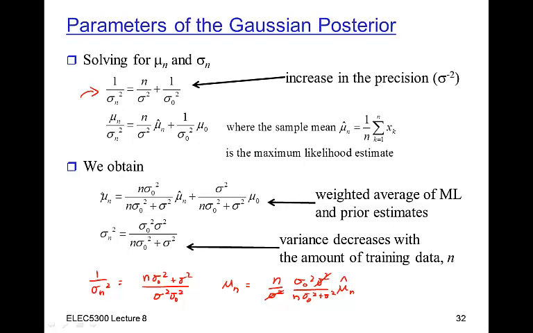And what does it depend on? It depends on how much data I get. Right? So the more data I get, as n goes to infinity, this thing comes closer and closer to 1, and I'm basically going to get the maximum likelihood estimate. But for small amounts of data, this thing is relatively small, perhaps in comparison to this, and so my estimate is going to be closer to the prior estimate.